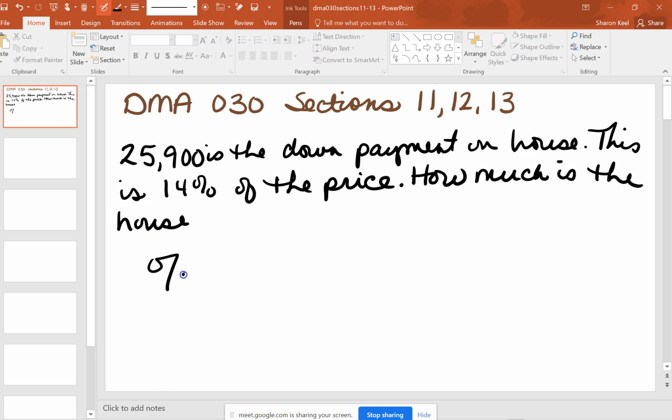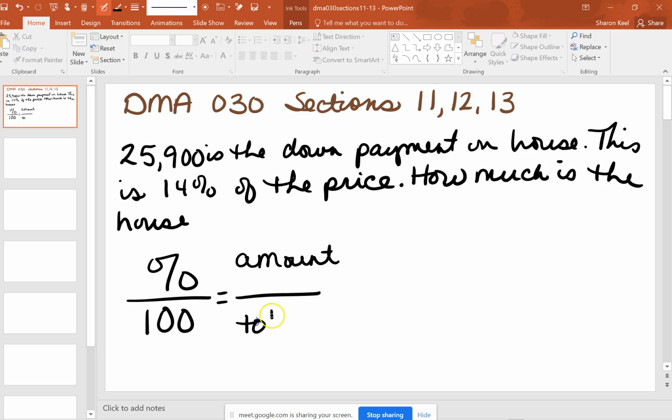If you think of it this way, a percent is going to go over 100. When we're looking at the down payment, this would be the amount that's equivalent to the percent, and on the bottom is going to be the total. In the problem, they tell me the number 14%, so the 14 is going to go over 100.